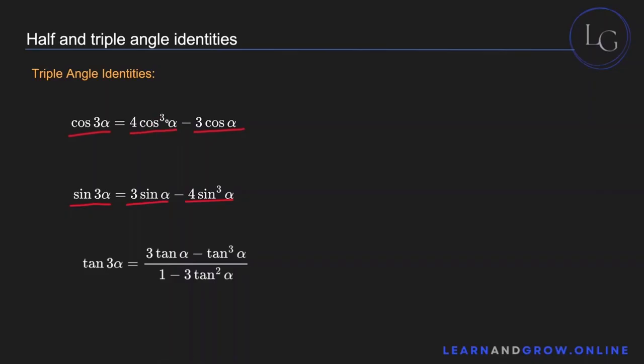So 4 cos cube alpha can be written down as minus 4 sine cube alpha, and minus 3 cos alpha will be written down as 3 sine alpha, right? So that's the relation between cos 3 alpha and sine 3 alpha. And tan 3 alpha is, again, if you divide sine 3 alpha by cos 3 alpha, you end up with this. Fairly simple, right? Or you can use the initial identities with the fundamental law.